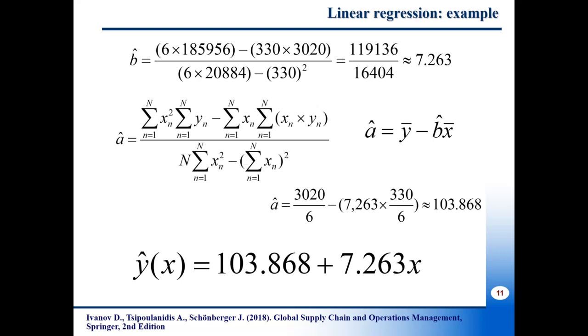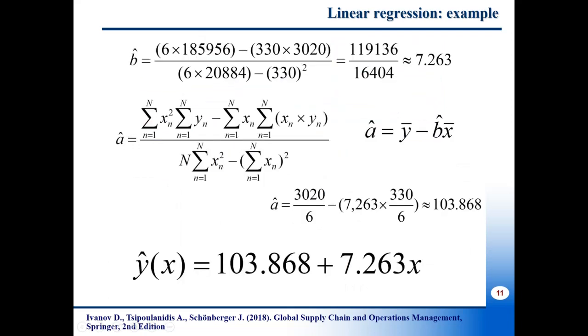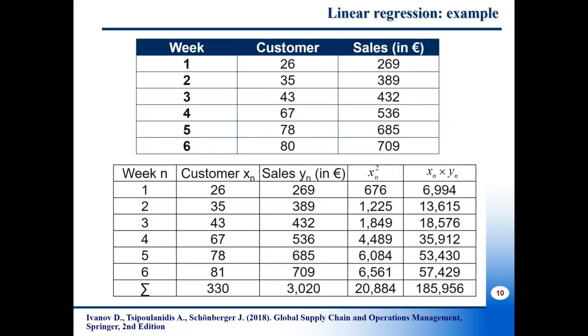Okay, we can repeat. For calculating B, we need information from the lower table. For instance, the time window; here we have 6. And then the sum of the last column, which here is 185,956.